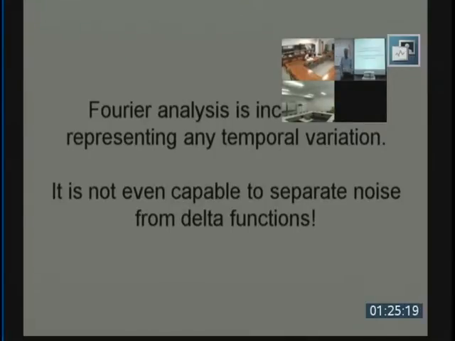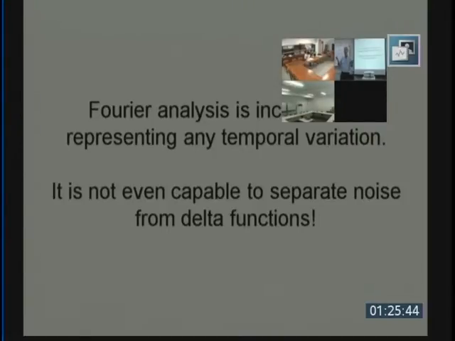For a simpler case, I can explain with the delta function. What is the spectrum of the delta function? It's white, right? Delta function has a white spectrum. What is white noise? It's also white. So if I have a white spectrum and you ask me what the signal is, it can be either white noise or a delta function.